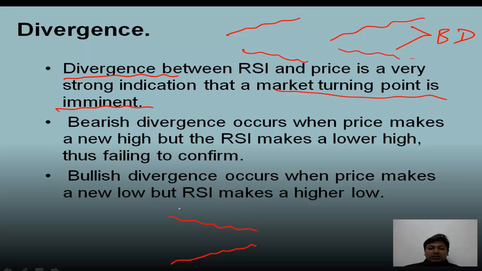This basically means that the momentum of the stock going down is weakening. And since it is weakening, sorry for my handwriting, it is going to move up. So hence the turn of prices is imminent.